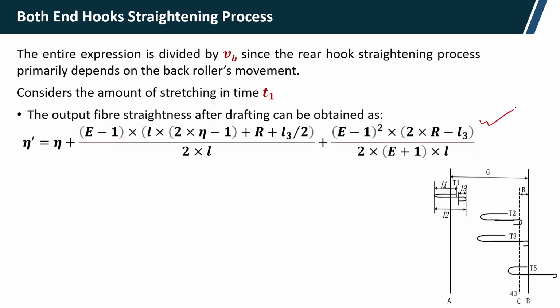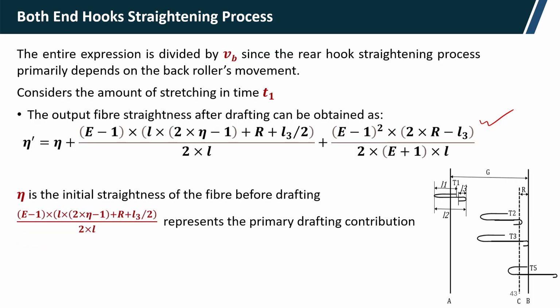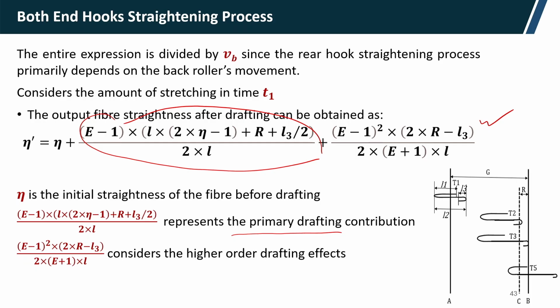So, this relationship can be derived where eta is the initial straightening, and the first component represents the primary drafting condition, and the other part, the next component E minus 1 square multiplied by 2 R minus L3 divided by 2 E plus 1 multiplied by L, considers the higher order drafting force.